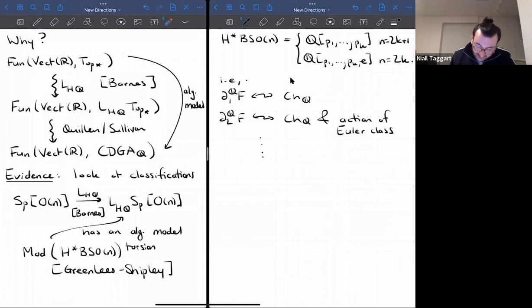So on the side of classifications, we have a pretty neat algebraic model for rational spectra with an O(n) action. I guess the pipe dream is that this can actually be made into some kind of algebraic model for the functors, or even the building blocks for the calculus, so the homogeneous parts or the polynomial parts, using some kind of target such as CDGAs or Lie algebras.